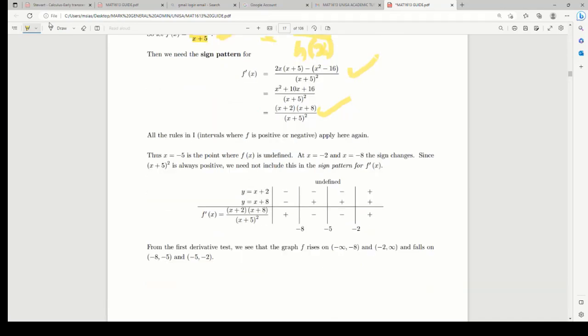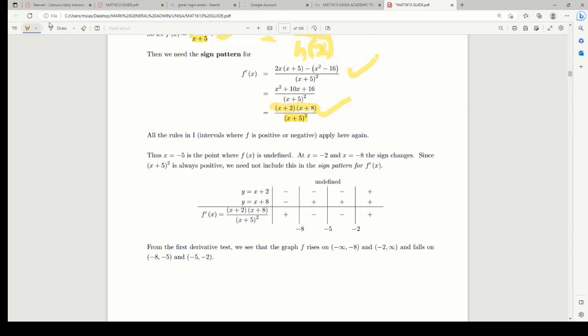So now they look at the factors of the first derivative. Look at x plus 8 and x plus 2 in the numerator, and in the denominator they look at x plus 5 squared, which is always non-negative, okay? So now they look at the intervals, the main points here.